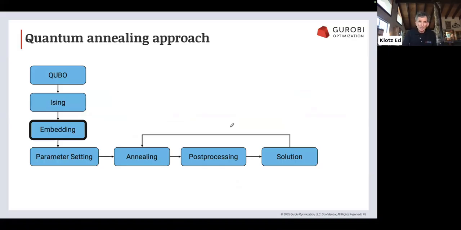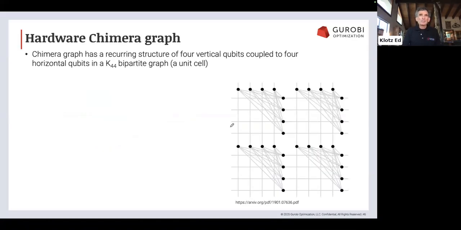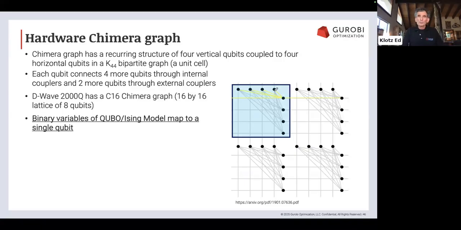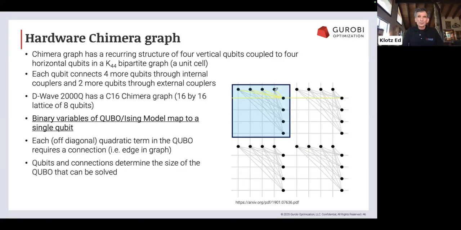The resource consumption occurs in this embedding phase, where fundamentally the hardware that performs the quantum annealing is a collection of graphs with nodes and edges, and the nodes correspond to binary variables.